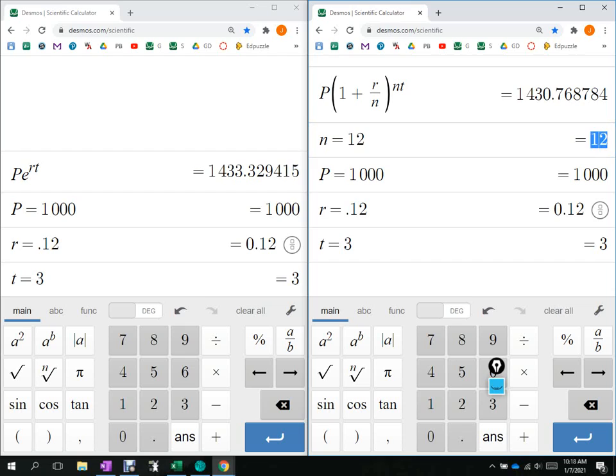If I change that to 365, it's a little bit closer, but this is still less, right? Okay, if I go 365 times 2, it's still less. Multiply that by maybe 12, so this would be doing it on the hour. That's still less. And we're going to find out that no matter what I make this number, compounding continuously is still going to be a greater revenue for me.